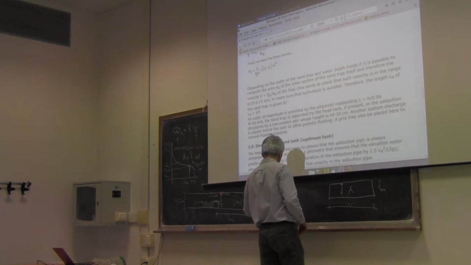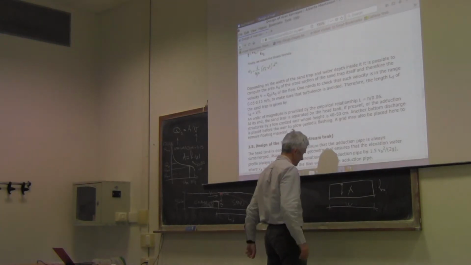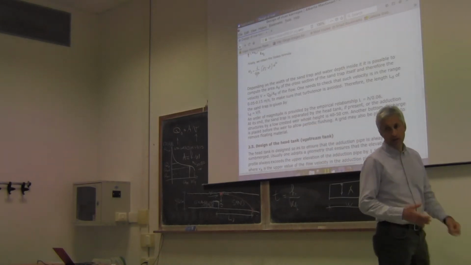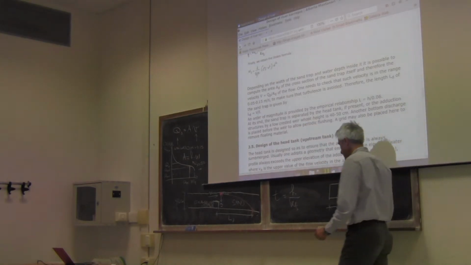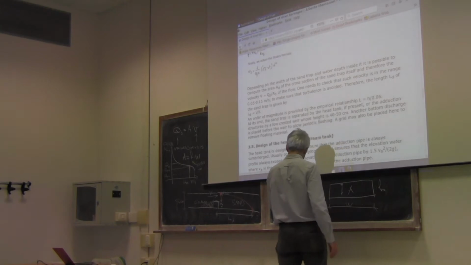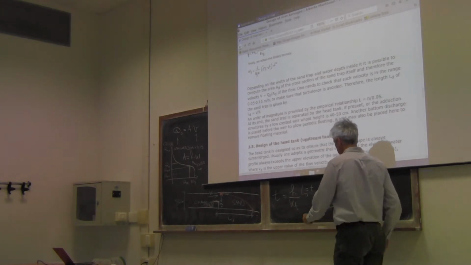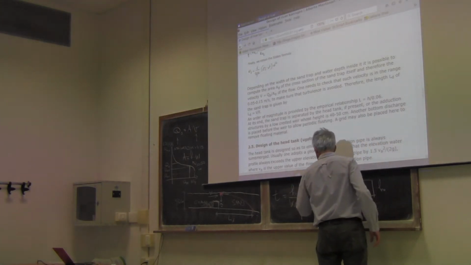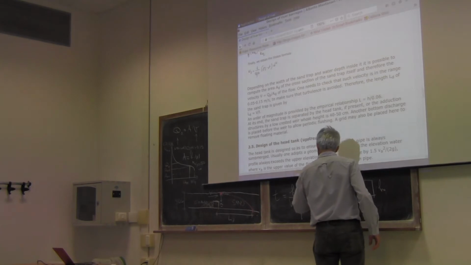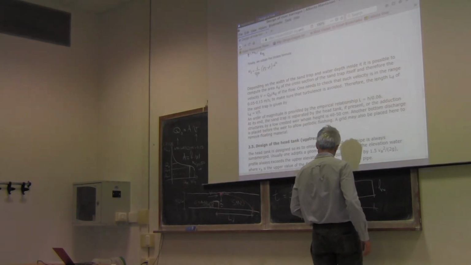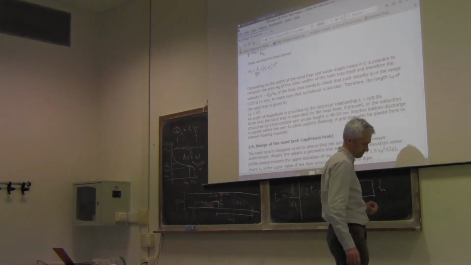Time t is equal to h divided by Ws. And therefore, we can compute LD, because LD is equal to t, computed from here, times v.